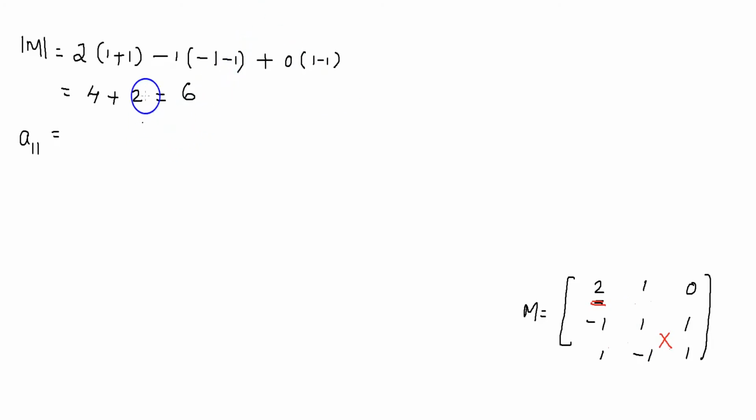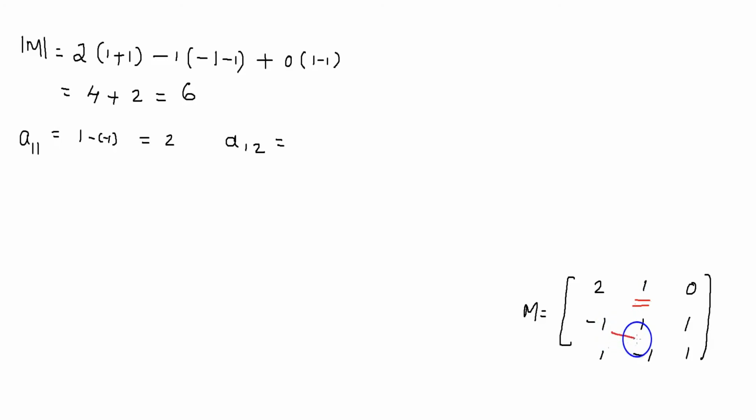After cross multiplying we get 1 minus 1, which is equal to 2. Cofactor of A12 is negative of minor A12.